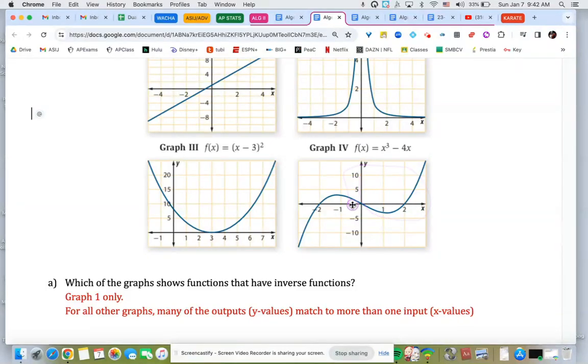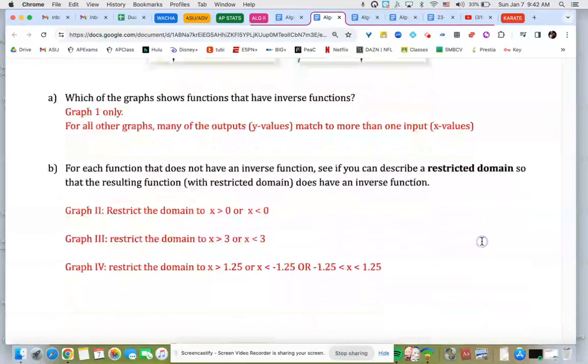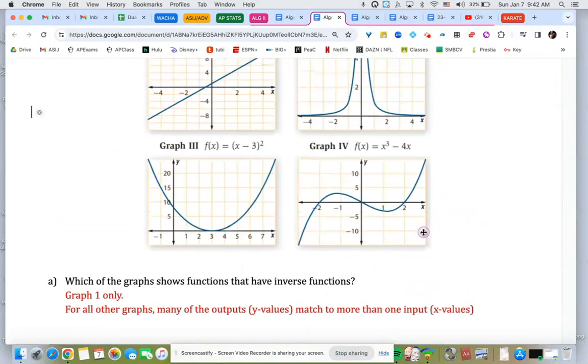And it's like, nah, that's still not going to work, because if I just take this piece only, I could have it crossing in more than one spot still. So that's not going to work. You actually have to cut it like here and use one of those three pieces. So that's what they're talking about down here, cutting the domain to get just a piece of it, a little window of it, where the inverse would be a function.